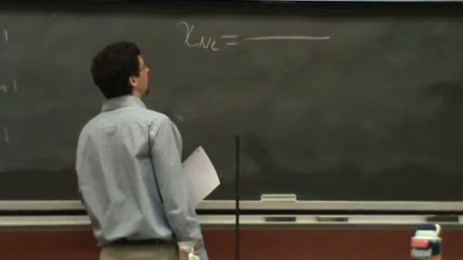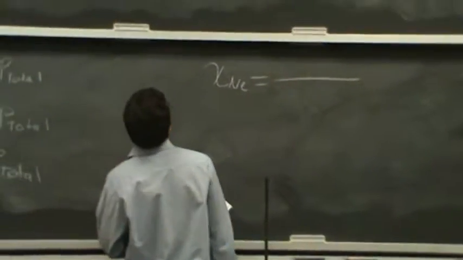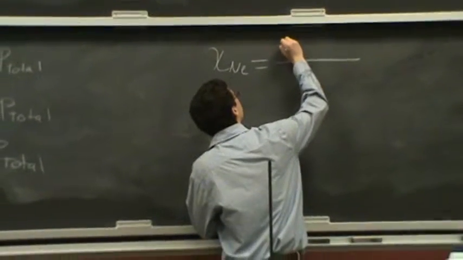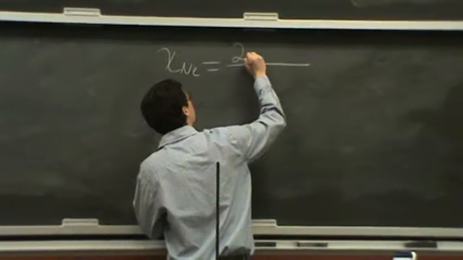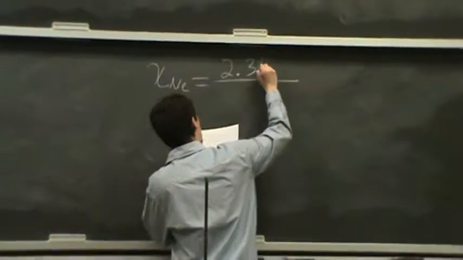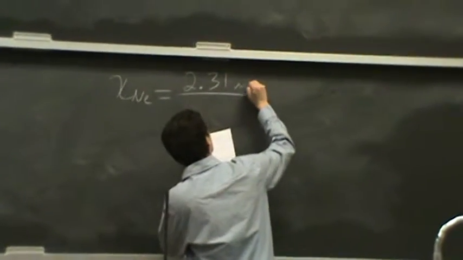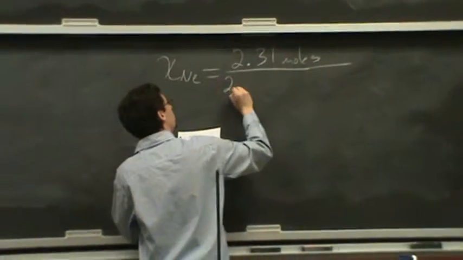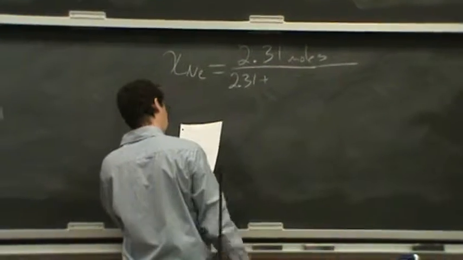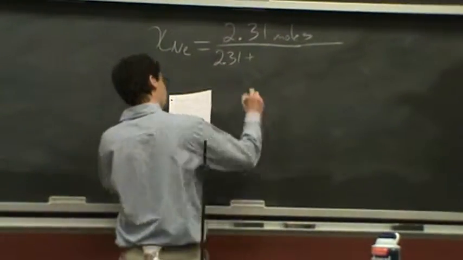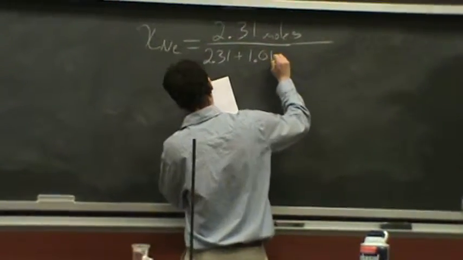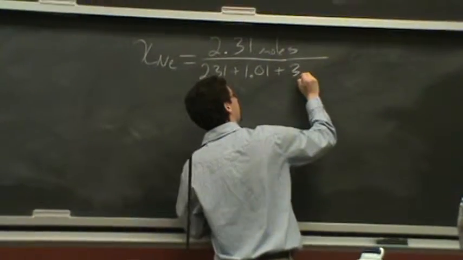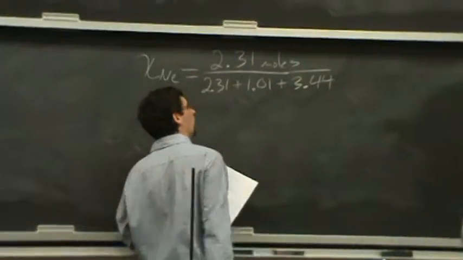How many moles of xenon do we have? Or excuse me, neon. Let's start with neon. About 2.31 moles. The total number of moles we have is 2.31, plus 1.01 which is argon, and I misspoke earlier, 3.44 was for xenon.